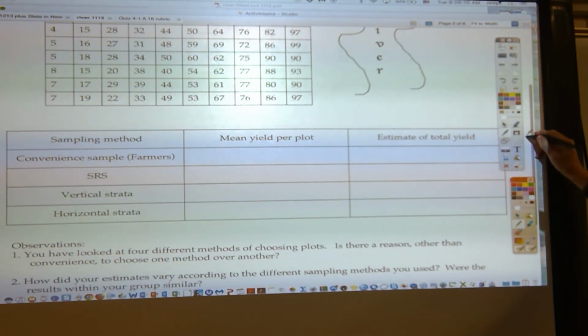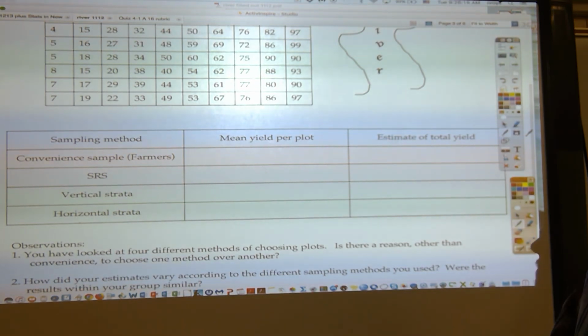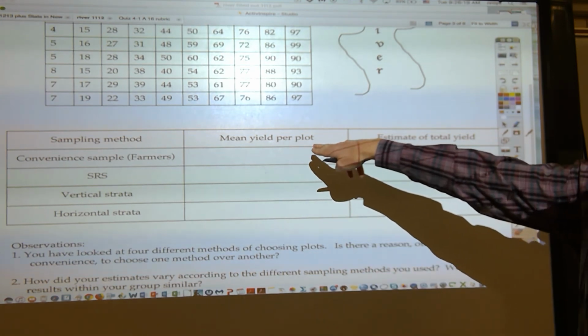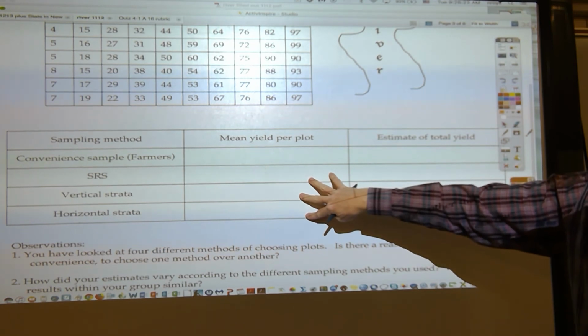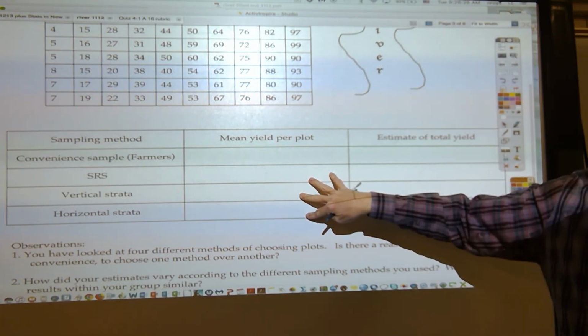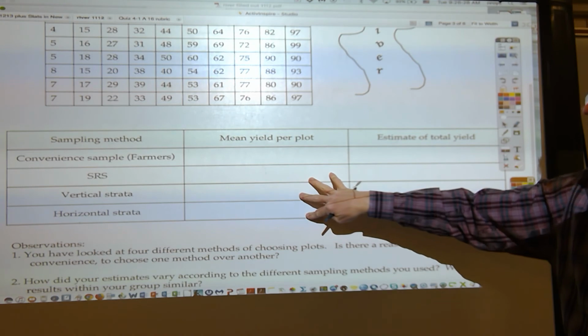So what I'd like you to do is you're in groups of 3 or 4, and let's ditch the convenience sample. Looks like we have one group of 4, the rest are groups of 3.